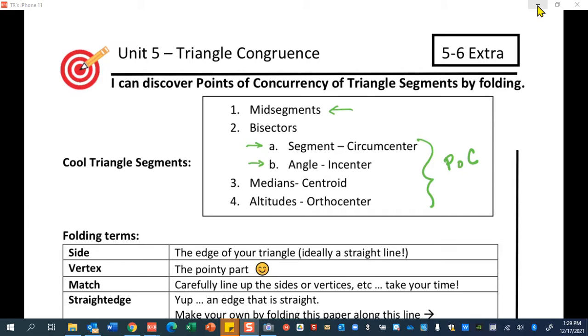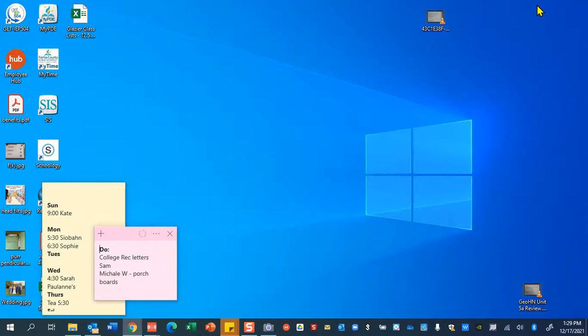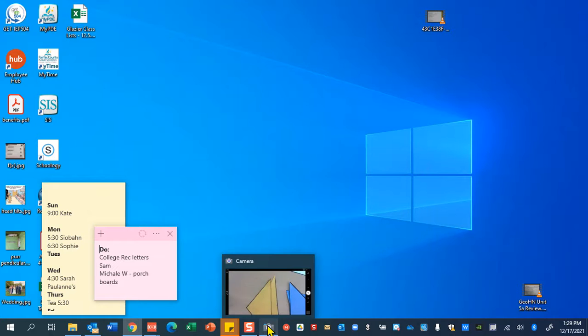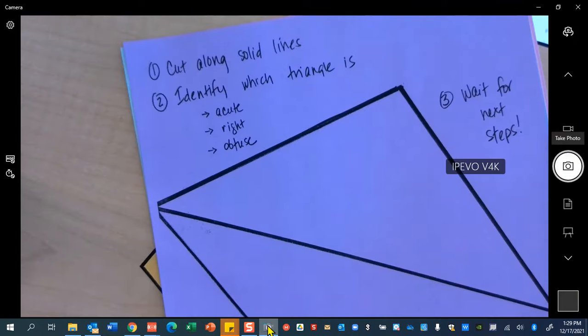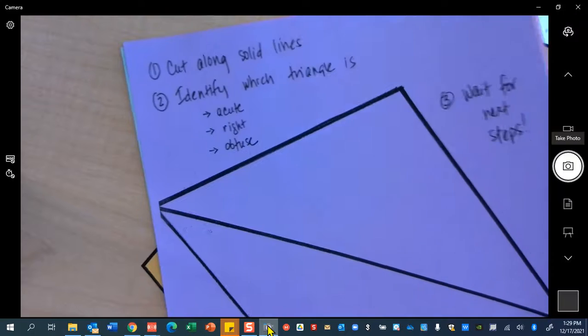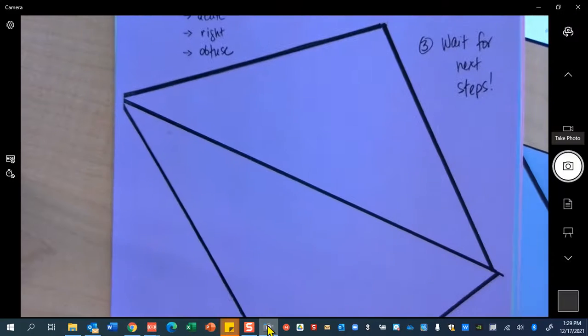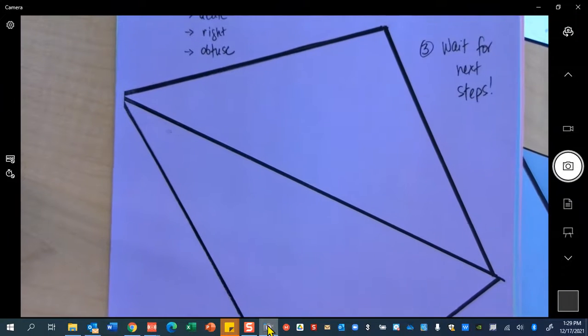as we go. So what I'm going to do is I'm going to pass out sheets of paper, and you are, as a group, going to cut out triangles. And I need you to make sure that you understand what it is that you're cutting out triangle-wise.